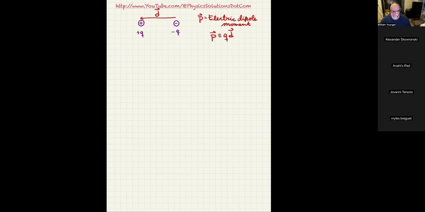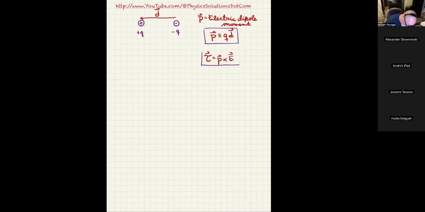But we've defined it this way for a good reason. When we do define it that way, then we can imagine this electric dipole in an electric field, and we discover that the electric dipole experiences a torque in that electric field, and that torque is given by p cross E, which is the typical cross product that we learned about in 241.